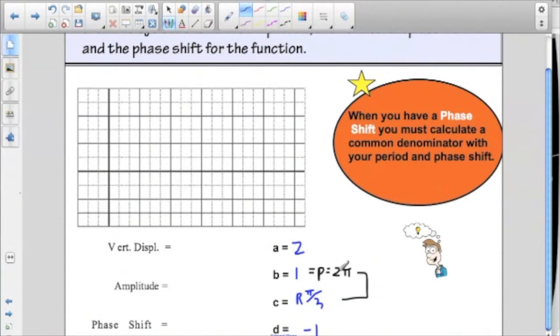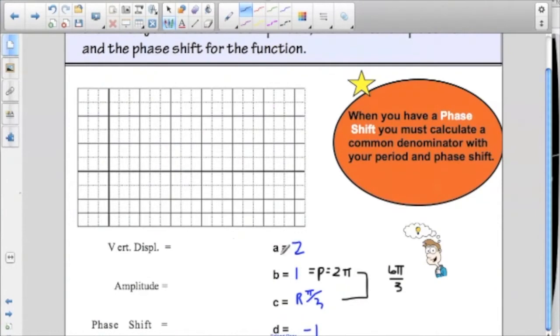So I'm going to have to change 2π into a denominator of 3. That'll be 6π over 3, because 6 divided by 3 is 2. So key: this and this have to be the same denominator when you're graphing.